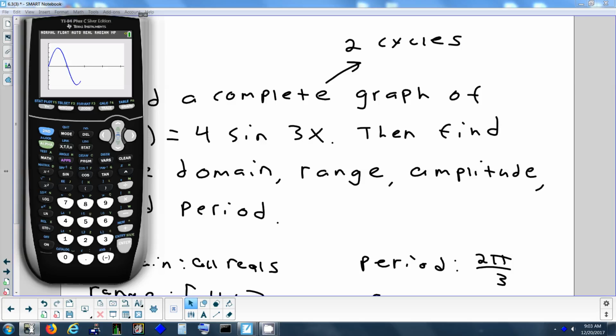There's half of 1, 3/4, there's 1 cycle, 1.5, and 2. So we get exactly 2 cycles. And that could change. Maybe they would say just do 1 cycle. Maybe they'd say show 3 cycles. Depends on the problem.